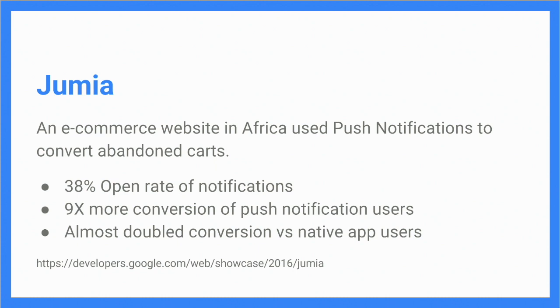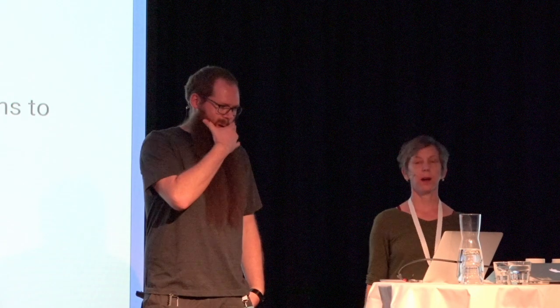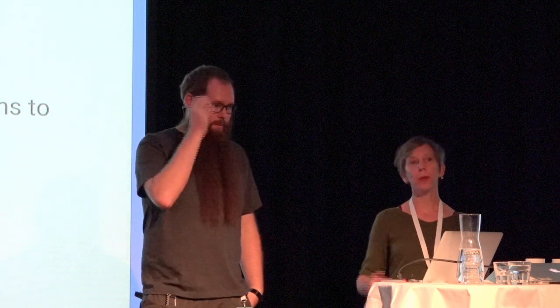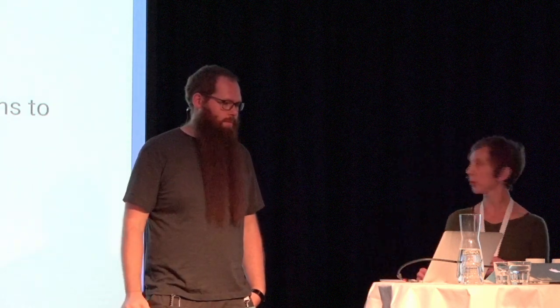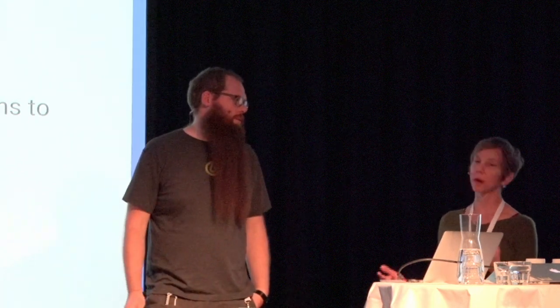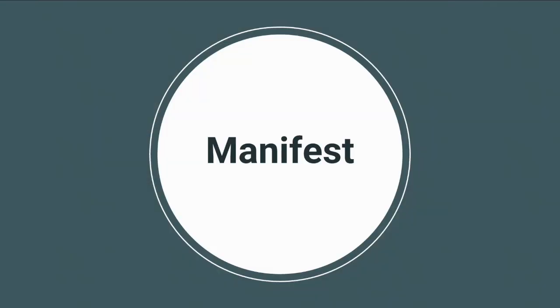And presumably that's at least in part because the users have opted in on the progressive web app to receive those push notifications. Although presumably the native app users also had to opt in. Okay, well, anyway. Presumably.